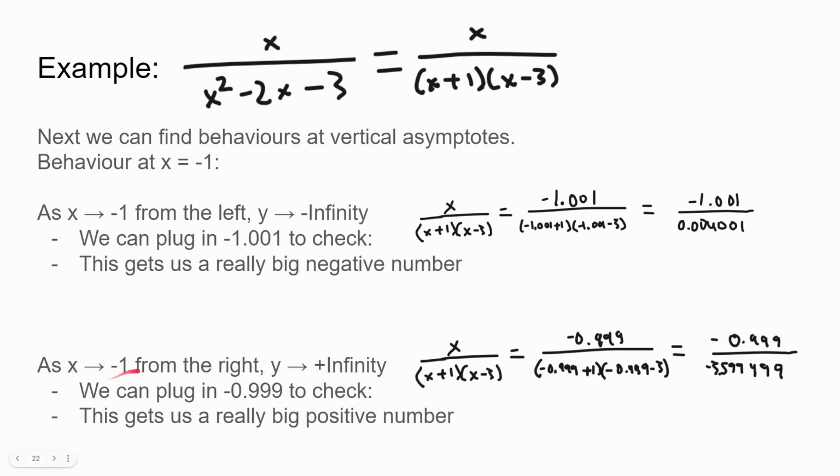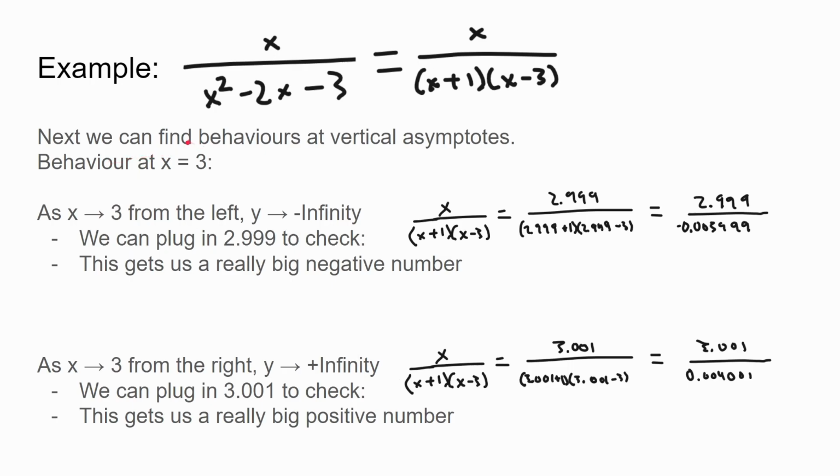Same thing we can do for x approaching -1 from the right. We plug in -0.999 to check because it's directly to the right, and this gets us a really big number, and it's also positive. So really big means it's going to infinity, and positive, which means it's going to positive infinity. So as x approaches -1 from the right, y approaches positive infinity.